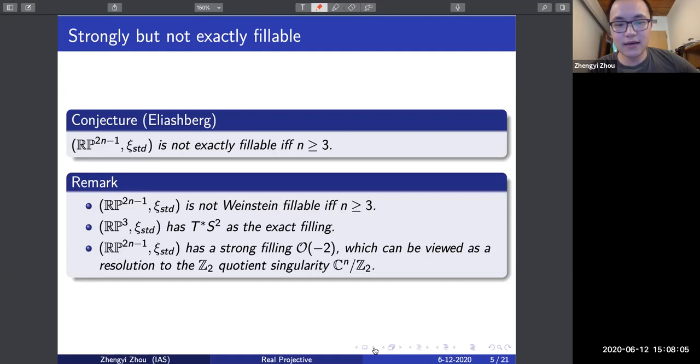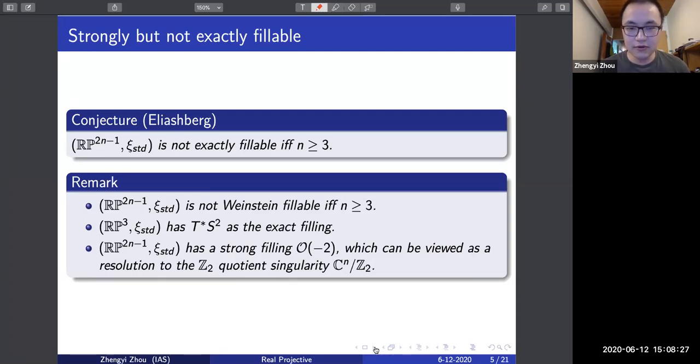This can be viewed as a resolution of the Z_2 quotient singularity, and the link of this singularity is exactly the contact RP^{2n-1}. In the case n equals 2, we actually have two fillings of RP^3. One is exact, one is not, but the underlying manifolds are diffeomorphic.